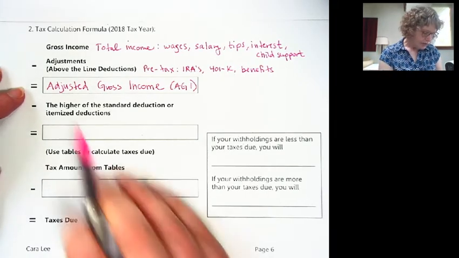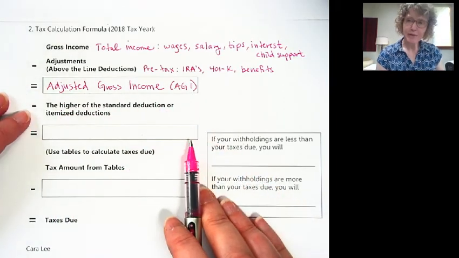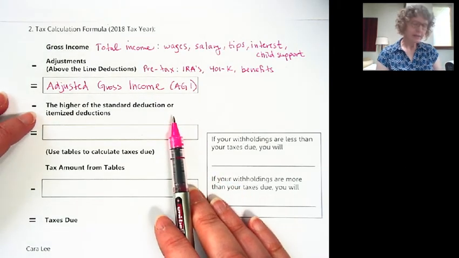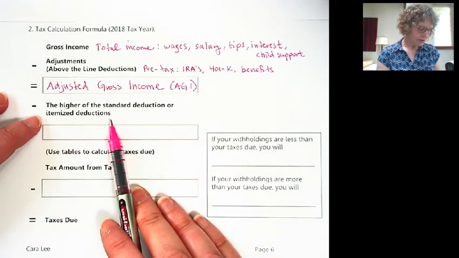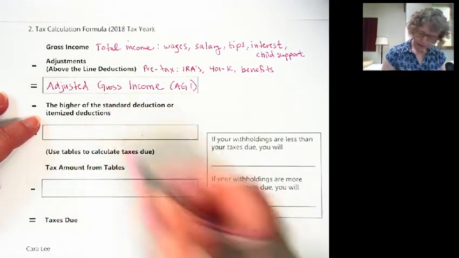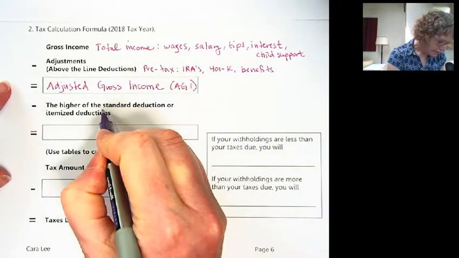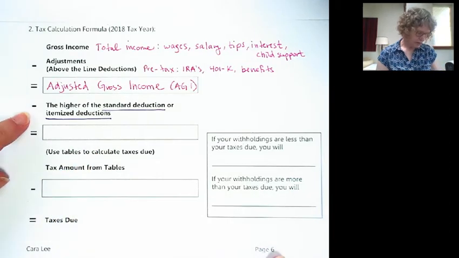Okay, so once you have your adjusted gross income, then you still don't pay taxes on that. You get to take what's called a standard deduction, or if you have itemized deductions, you get to take the higher of the standard deduction or the itemized deductions.